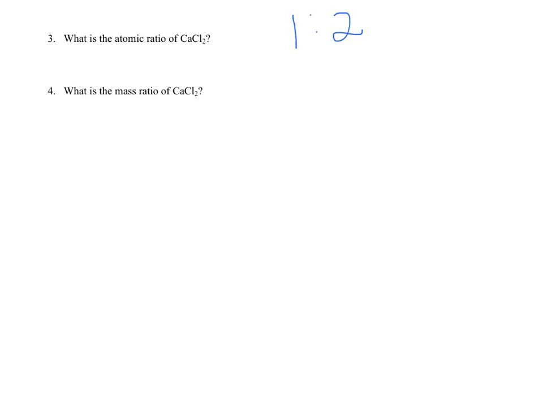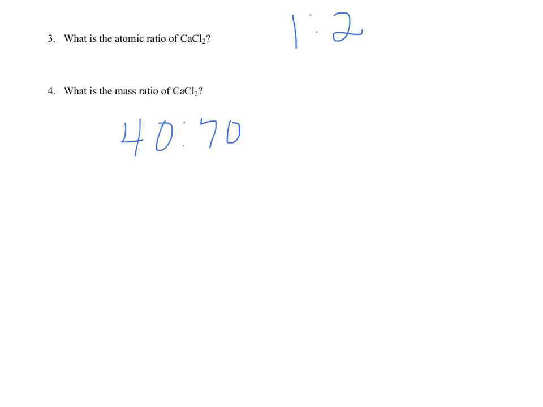Mass ratio for calcium chloride, however, we have the mass of 40 grams or 40 AMUs for calcium, and then in this formula unit we have 2 chlorines. The mass for chlorine is 35, rounded to 35. And when we multiply that by 2, we get 70.